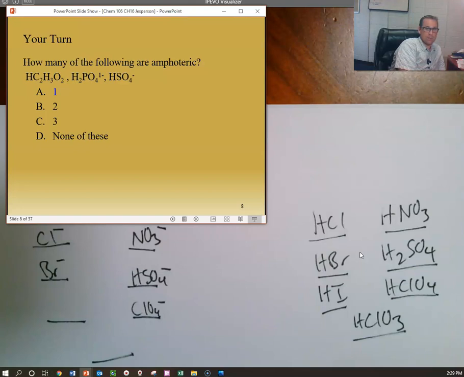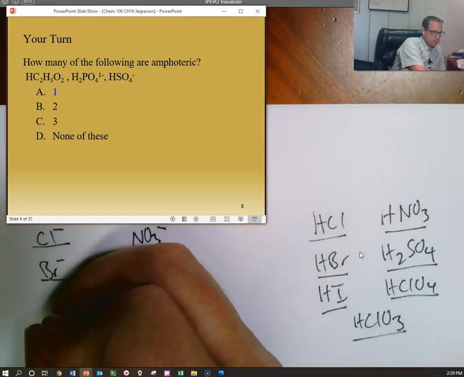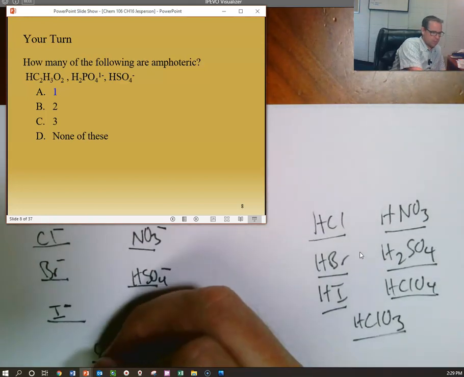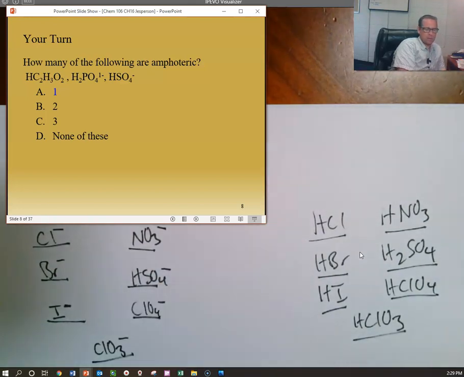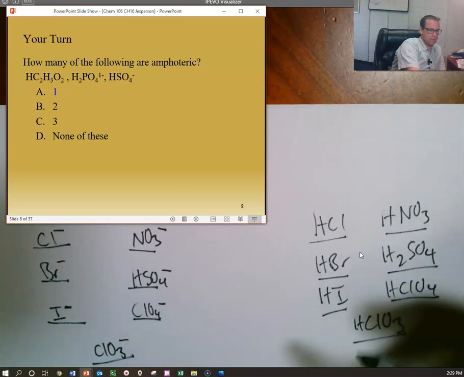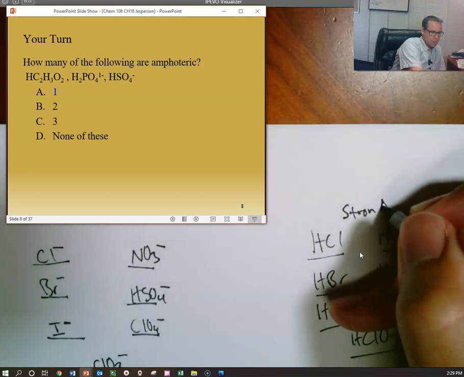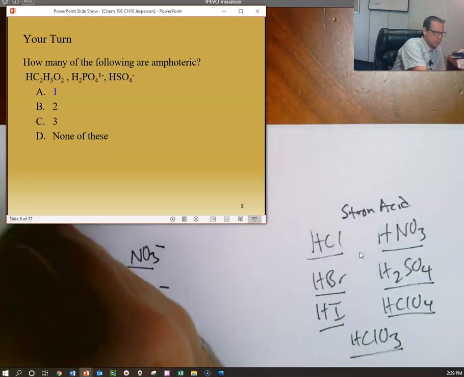Hydroiodic acid. So that's just I minus. Very good. And then ClO3 minus. Yes, that's right. So, these are the strong acids, and these are the conjugate bases for the strong acids.